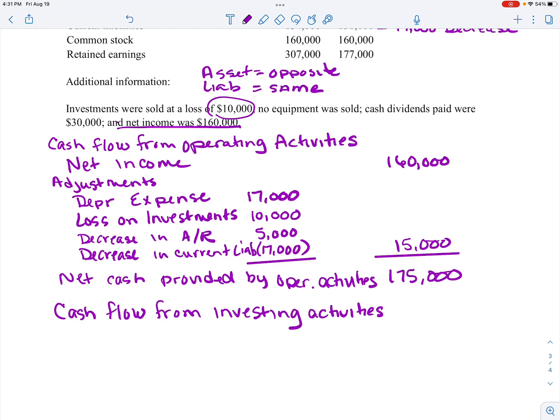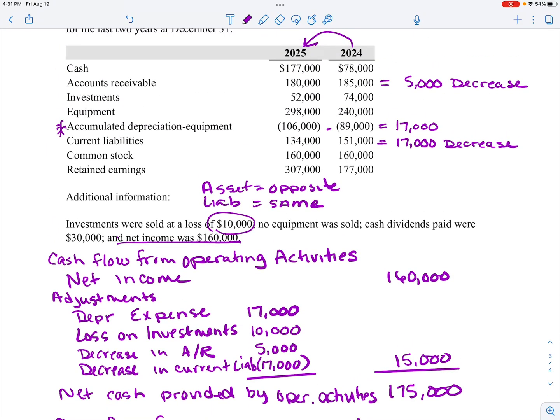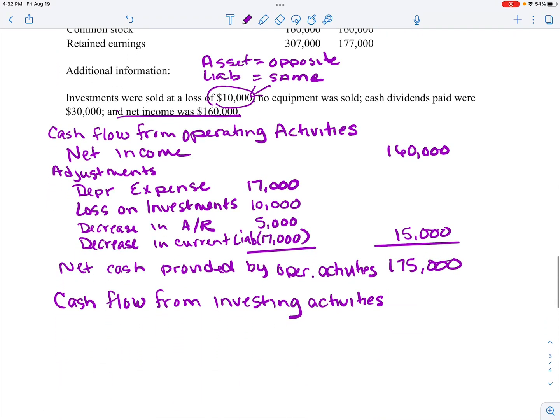Investing activities. So part of the investing activities is when we sell an asset. So that sale of machinery here, I can tell that that happened right here in my investments because that number decreased. It decreased by $22,000. But remember, we took that loss on that sale. So really, from that sale, we only got $12,000.